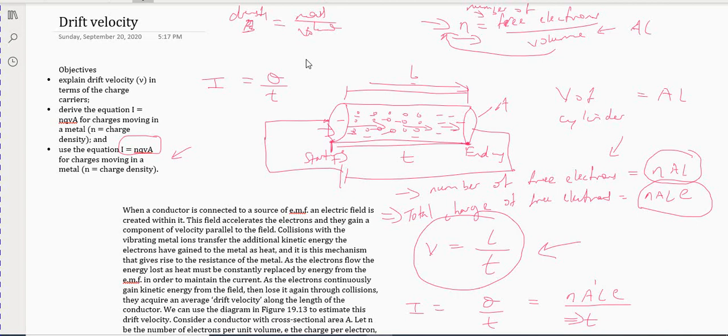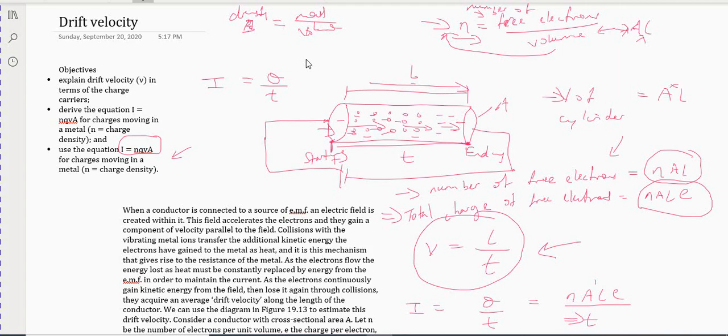Now, when we're dealing with volume in terms of a cylinder, the volume of the conductor will be given as the area times the length.